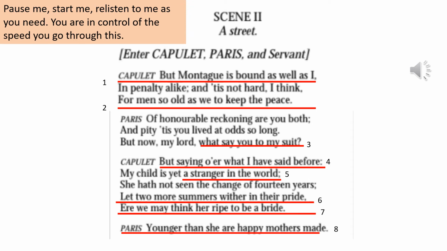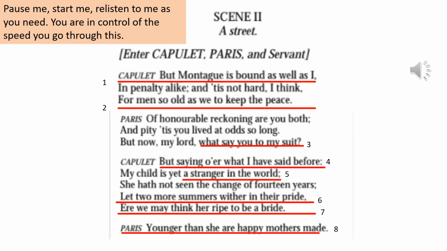However, Paris says, younger than she are happy mothers made. So he uses the comparative adjective younger, suggesting that there is nothing wrong with Juliet's age. He knows younger girls within Verona who are already not only married, but are already mothers, and that they are happy in that position.